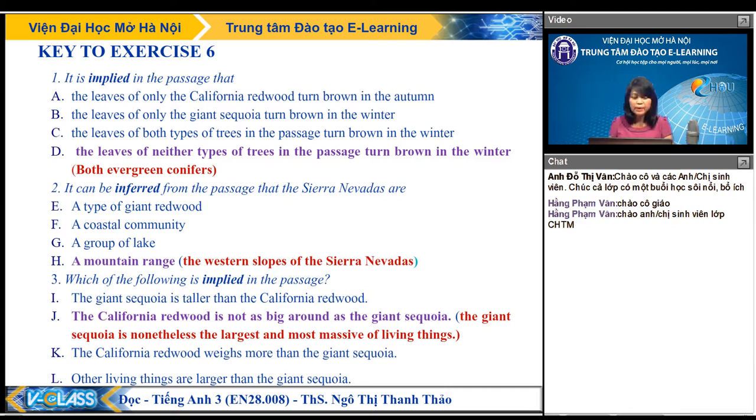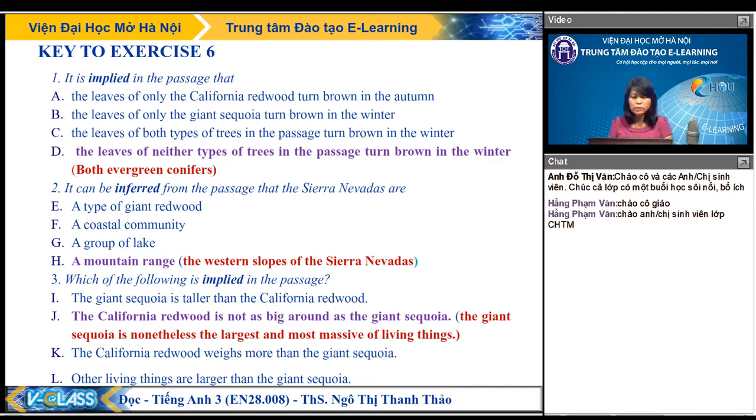The leaves of neither type of tree in the passage turn brown in the winter. Why don't they turn brown in the winter? Because you can base it on the keywords here: both evergreen conifers. So evergreen is another color, not brown.